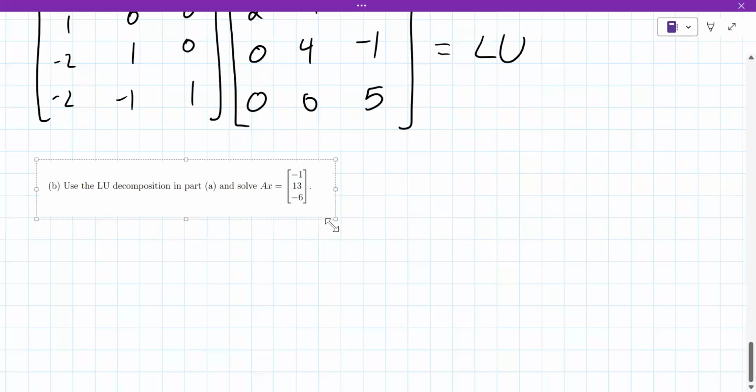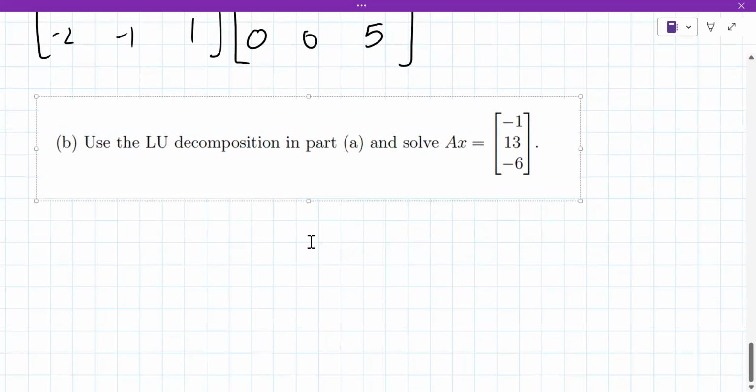All right, so here's part B. There's a way to solve this matrix with the LU decomposition, but you have to set it equal to a right-hand side. It's like there's three equations, three numbers on the right there. Hopefully that's been shown in class.